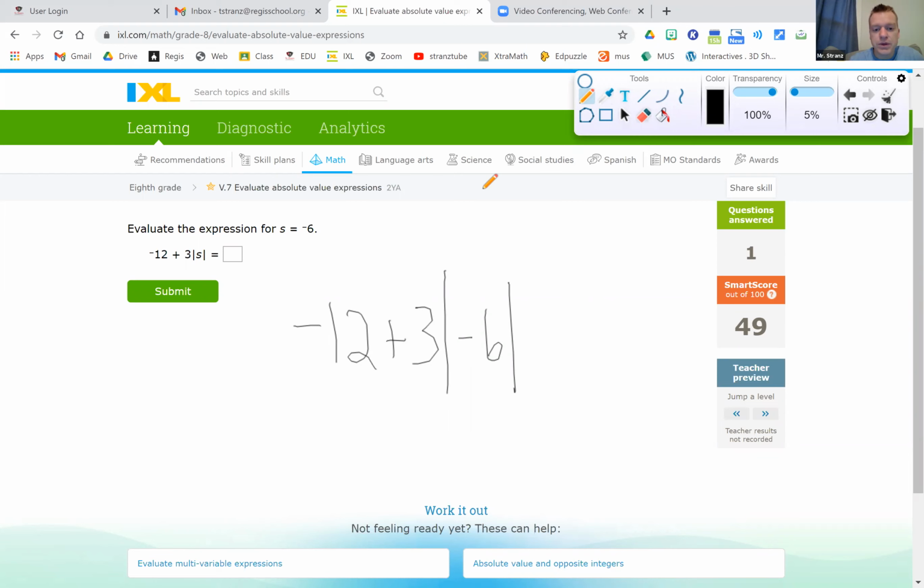Absolute value, there are no negatives. Okay, so really you have -12 plus 3 times a +6, which is 18. Okay, -12 plus 18 is going to be a +6 as your answer.